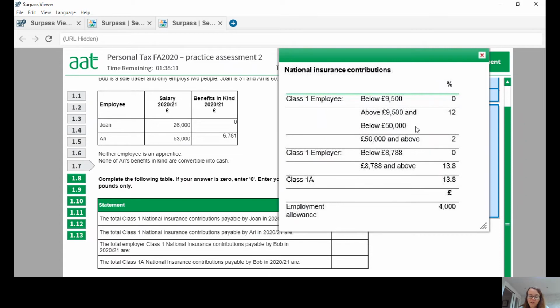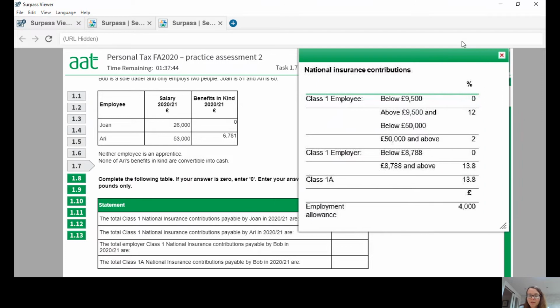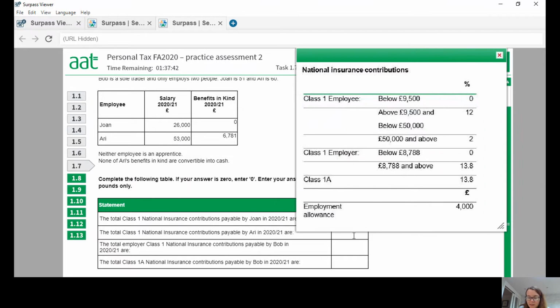If I do 50,000 subtract 9,500 and then 12% of that, I get 4,860. And then the excess, the 3,000 that falls into this last band at 2%, 3,000 at 2% is 60. So add that 60 onto the 4,860, gives me an answer of 4,920 for Ari.